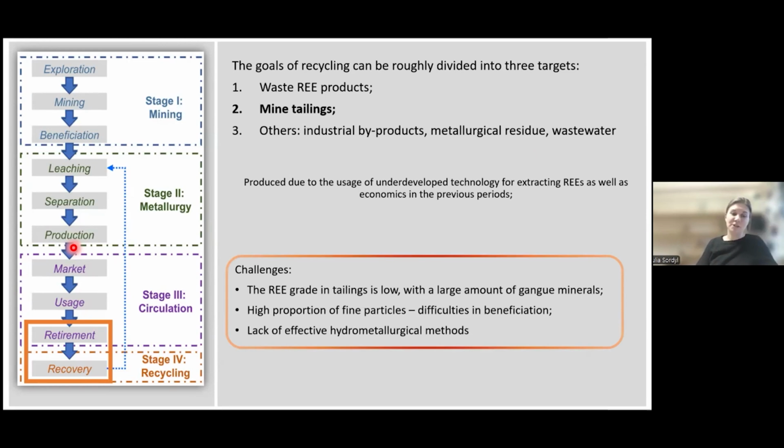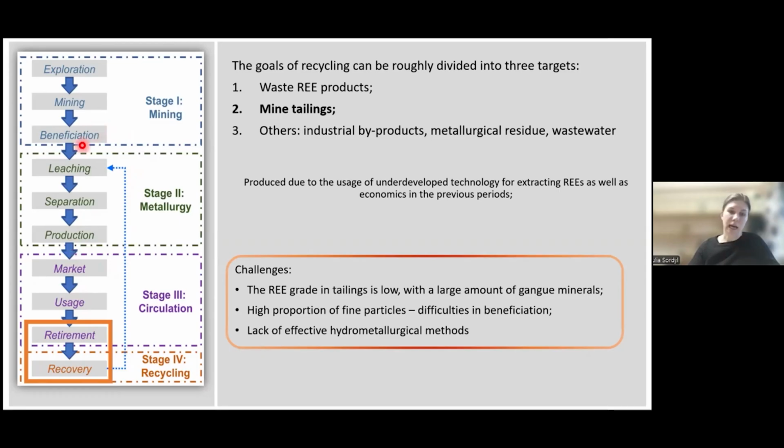So first of all, RE grade in the tailings usually is low. Tailings also contain a large amount of other minerals, of gangue minerals, and also the proportion of really fine particles below 150 micrometers is huge, meaning that there are difficulties in beneficiation.